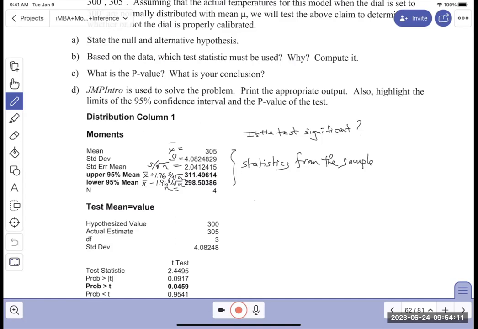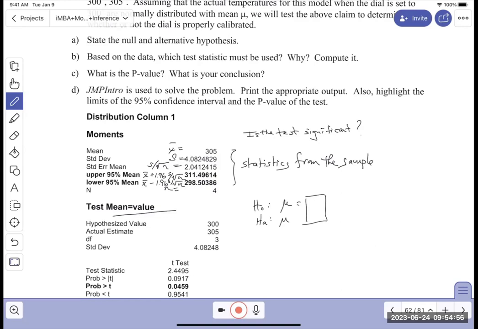Interpret what? So the test is the test for the mean. So I'm going to use mu equals. What goes in the box? What are we going to hypothesize the true mean is without any prior information?